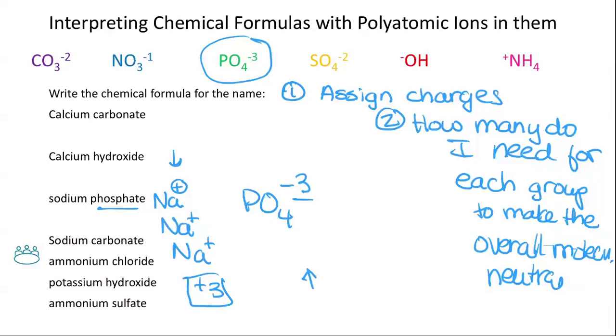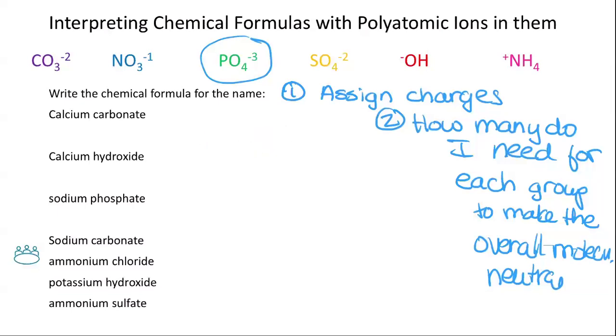I want to express this in the chemical formula. The chemical formula for this would be Na, I have 3 of them, and then PO4. I don't need to put parentheses around it because I know that this is a unit. This whole thing, the PO4, comes as a unit.